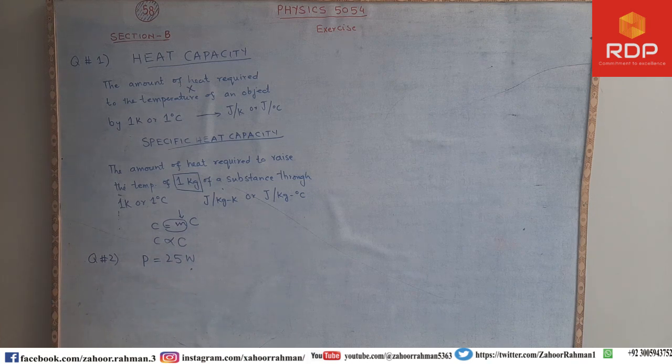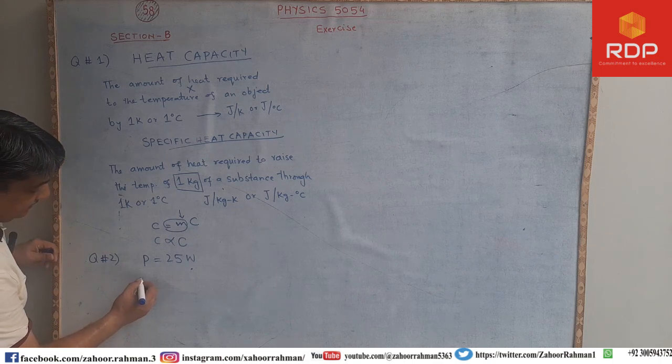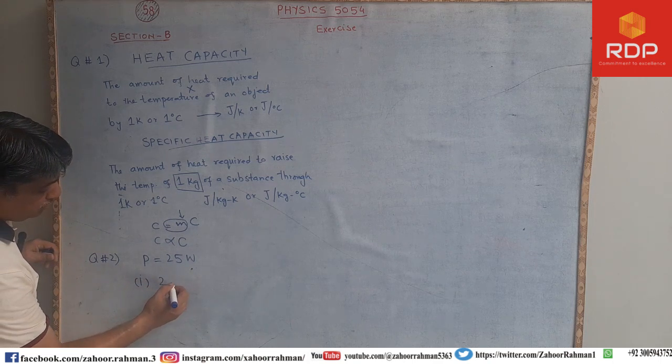Ladies and gentlemen, rated means that it is written on the device that this much power this heater can generate. Part A: calculate the quantity of heat generated in 2 seconds.